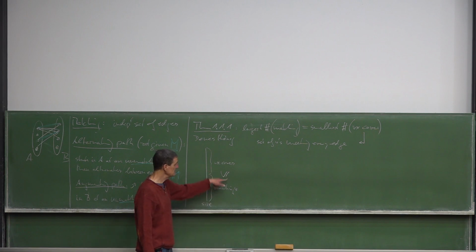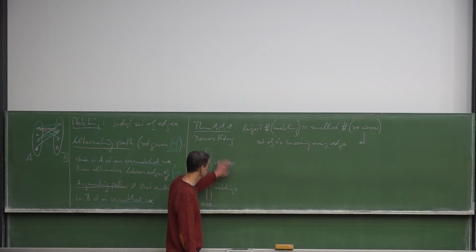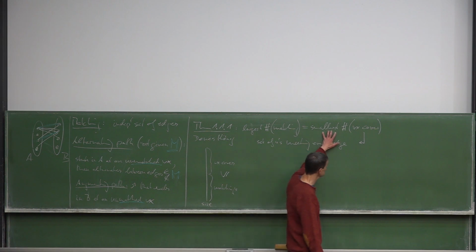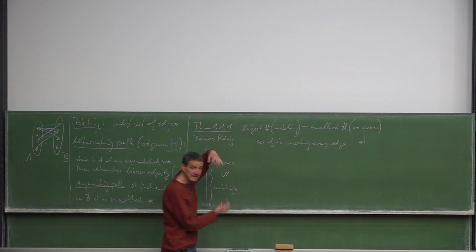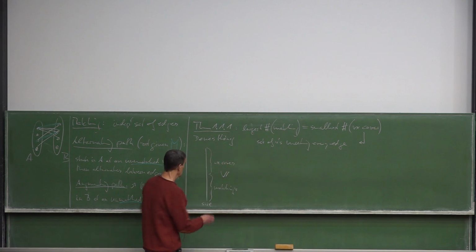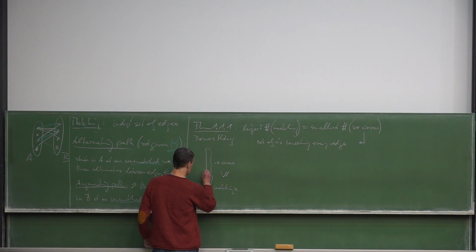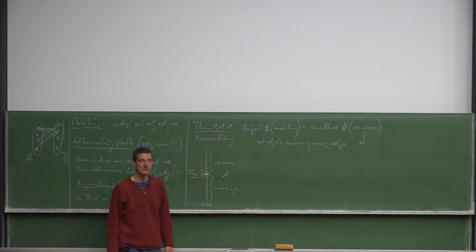Okay, so clearly any vertex cover has size at least that of any matching, and in particular, even the smallest vertex cover has size at least that of a largest matching, but there might still be a gap. And the theorem says there isn't a gap.